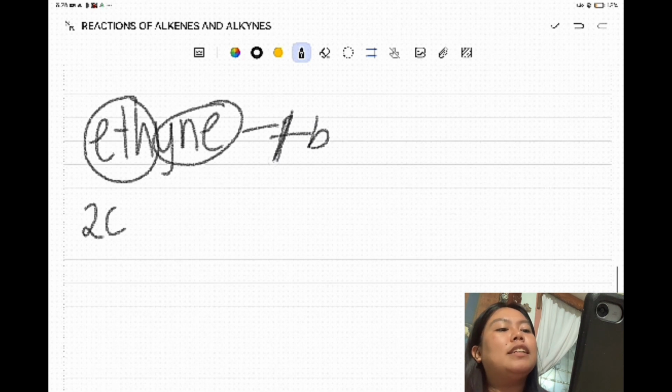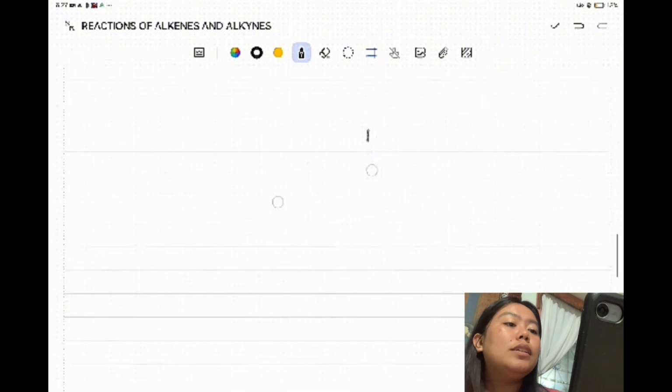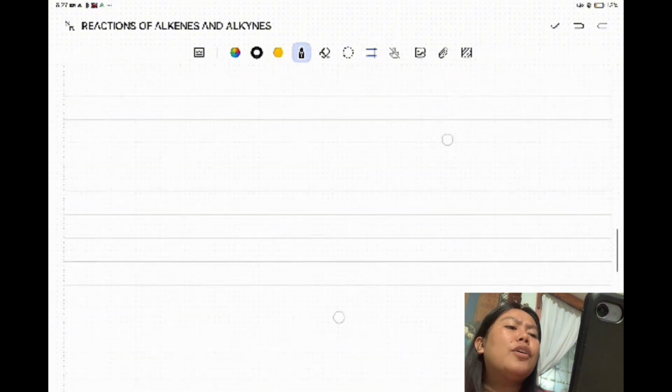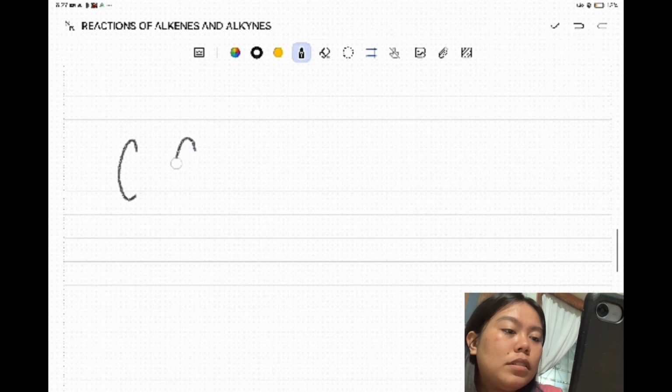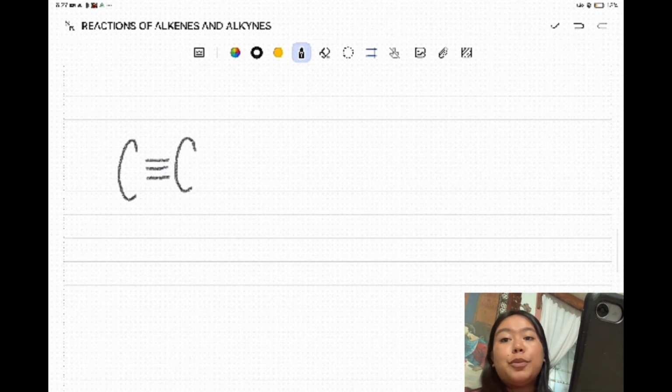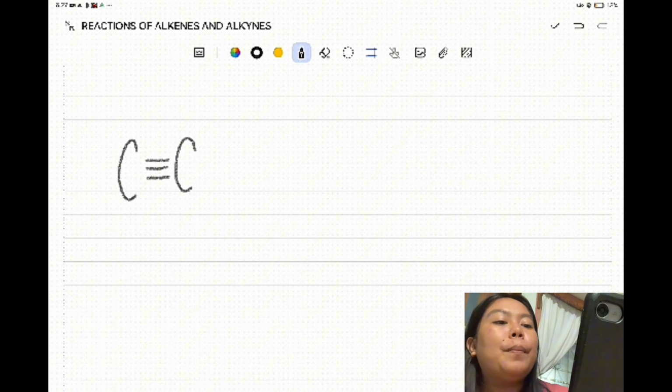Since a triple bond uses three bonds, we only need 1 hydrogen on each carbon to make it 4, the constant number of bonds needed by carbon.